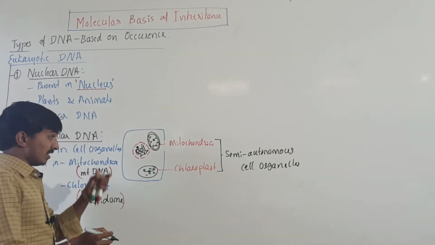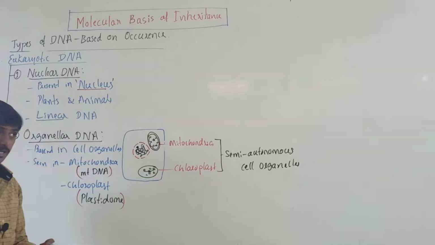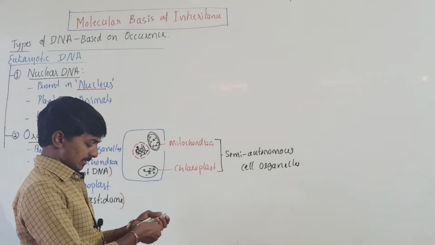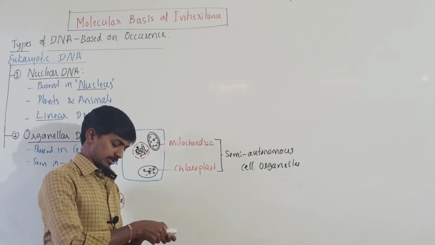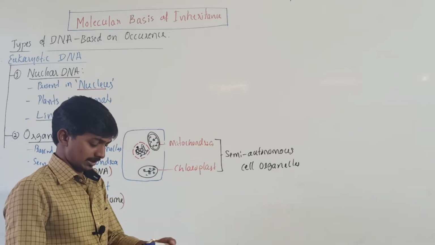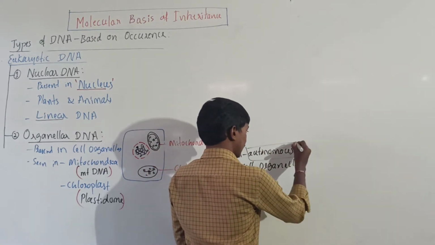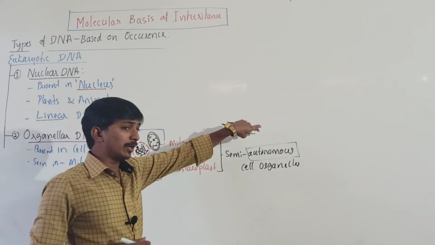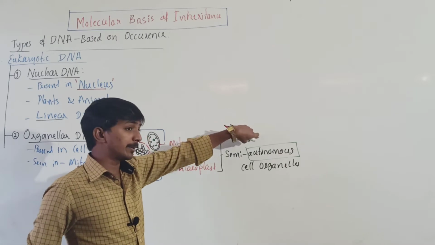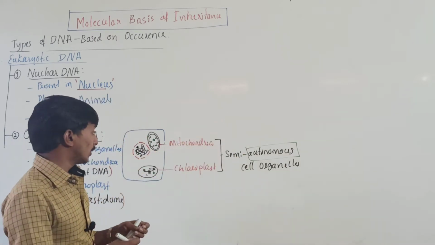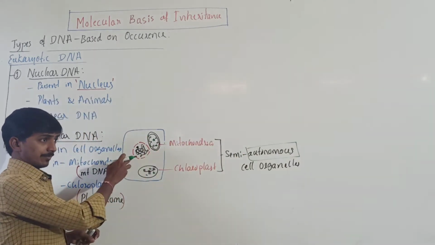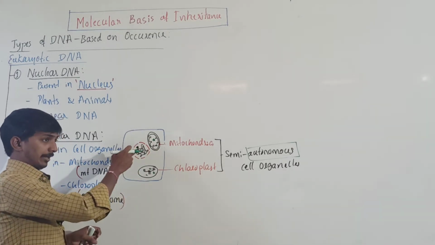Just because they have DNA in them, they are known as semi-autonomous. What is this? When we say the word autonomous, it means not depending on anyone, not depending on any organelles, not depending on DNA.